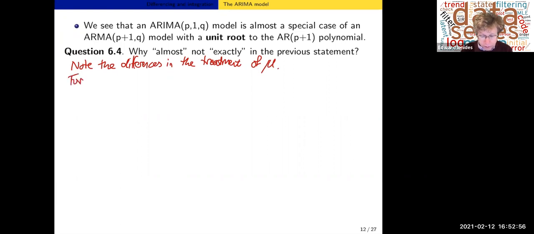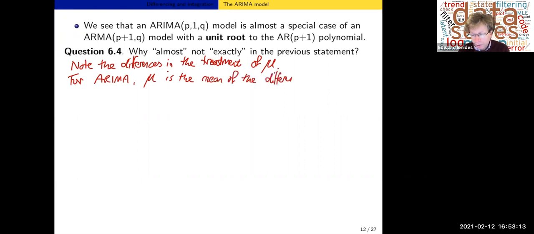So for ARIMA, mu is the mean of the difference process. Now let's think about the consequences of that.